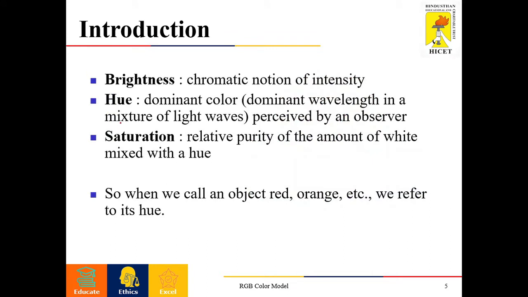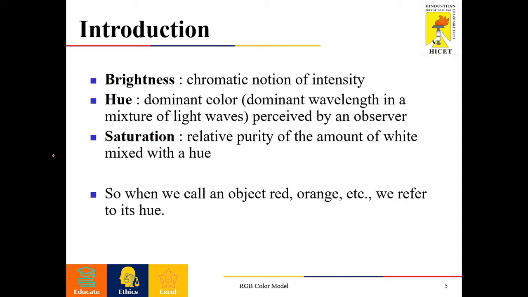We have three different terminologies. One is brightness. Brightness is the achromatic notion of intensity, which cannot be measured or quantified. Similarly, hue is the dominant color perceived by an observer. It is the dominant wavelength in a mixture of different wavelengths.